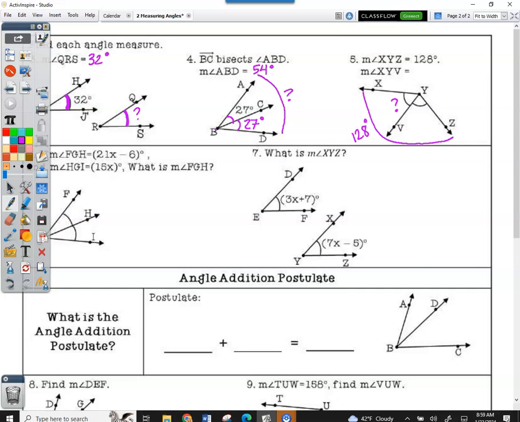How am I going to find it? Yeah, they gave me the total. There's something marked in the picture to tell me the relationship between these two angles. This right here tells me that it's congruent to this over here, which means this is two equal parts. So I'm just going to do 128 divided by 2. And what do you get? 64.